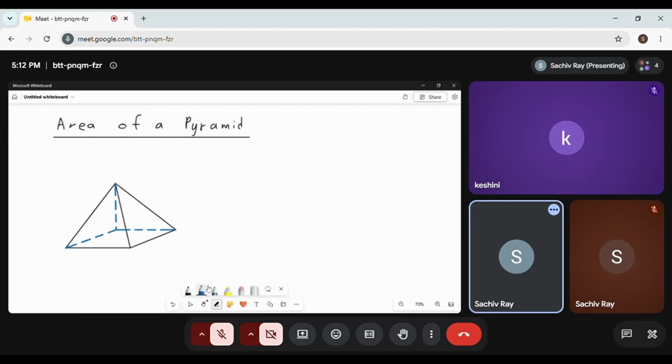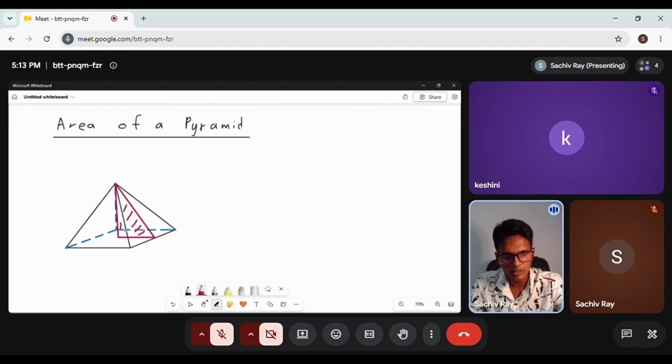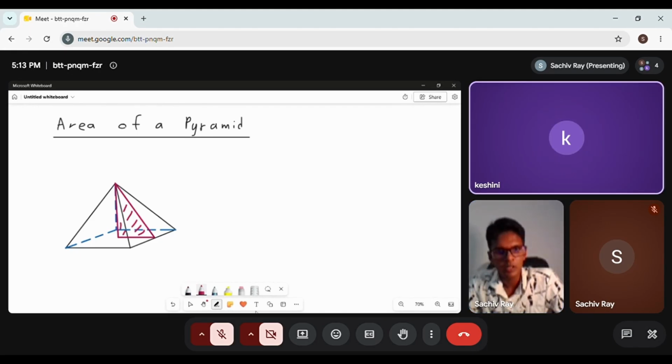Then I'm going to draw a rectangle segment over here. Right. Okay. Can you see this image? Yes, sir. Right.